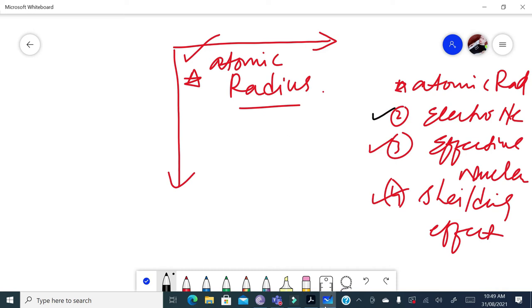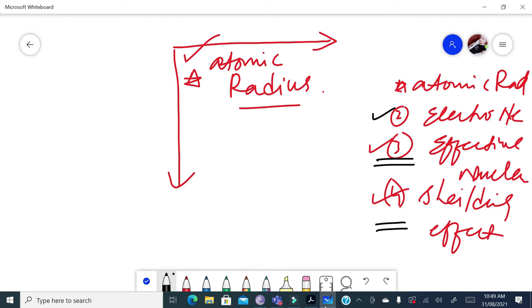Even electronegativity I can use, but the most important ones are effective nuclear charge and shielding effect. Do you have any question related to this? No, sir.